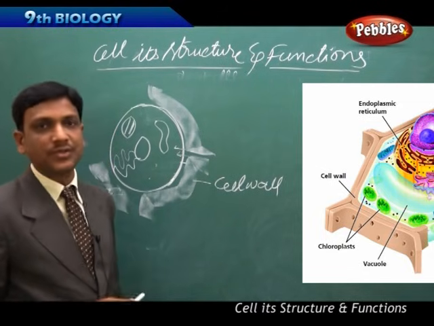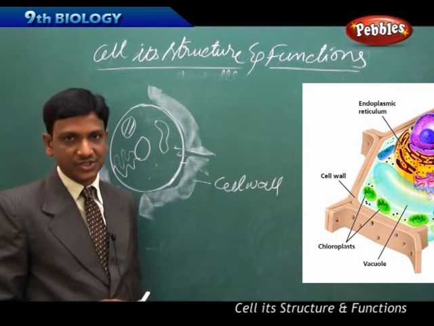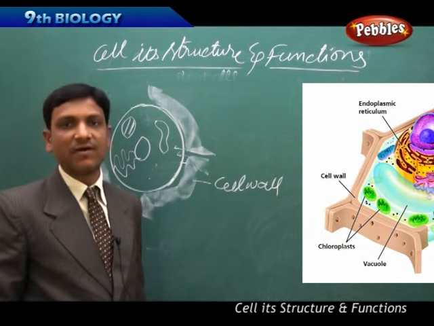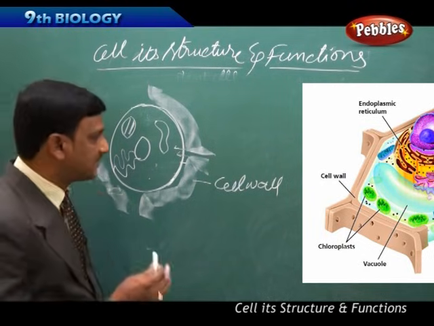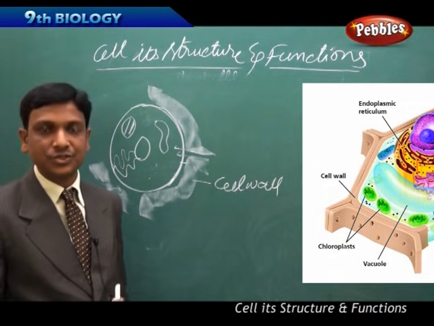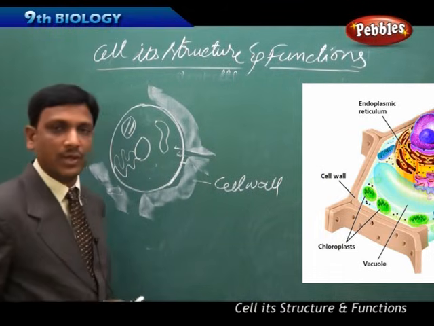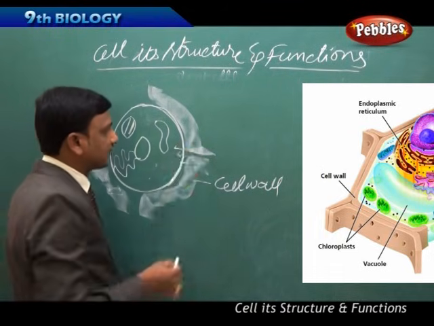It gives strength to the plant cells. See, if you touch wood, it is hard to the touch. If you touch your hand, your flesh, your muscles, they are soft enough. So when comparing animal cells and plant cells, there is a difference. You find the tissues of plants a bit hard because of the hard cell walls they have. So the cell wall in a plant cell, what is its function?